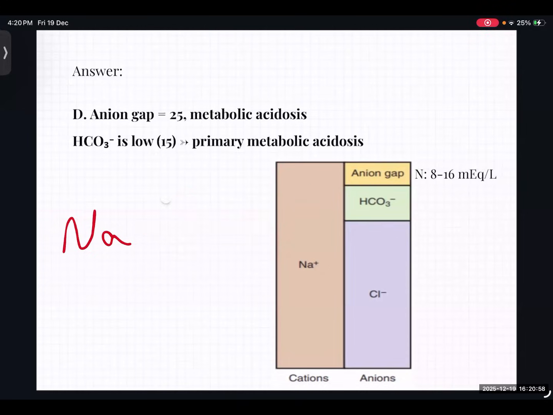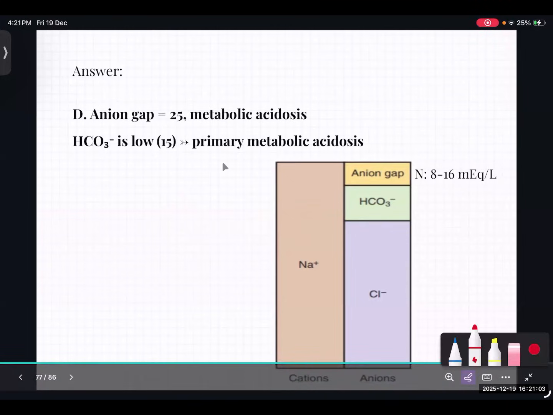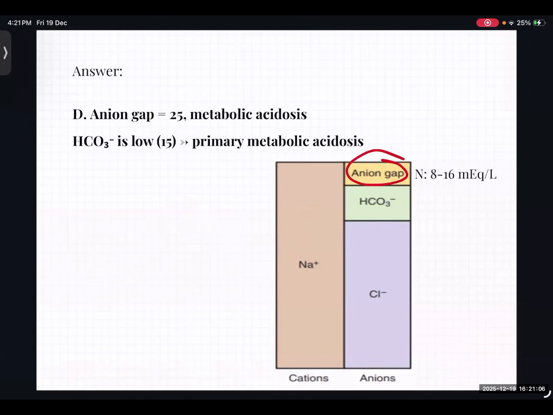This makes sense because we want to see the cations versus the anions, and that is what we call the anion gap: the difference between the sum of the cations and the anions. Meaning that we have an anion we don't know the source of. There's an anion making this equilibrium, because we always assume that in the human body we have equal values of them. And the normal value of the anion gap is usually 8 to 16 only.